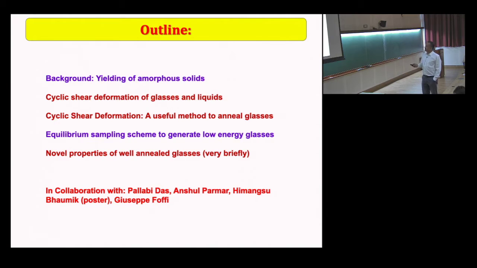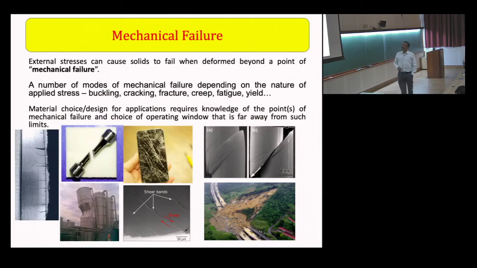Okay, so this is work done by the people mentioned here. Himanshu Bhaumik has a poster which you may want to look at for more details on this last point. This is just a slide to say that yielding and mechanical failure is interesting in a broad variety of problems and situations.